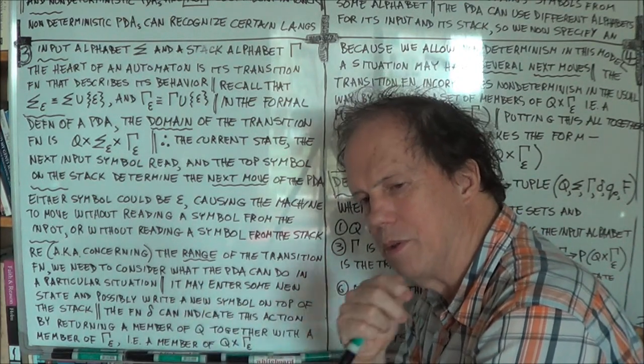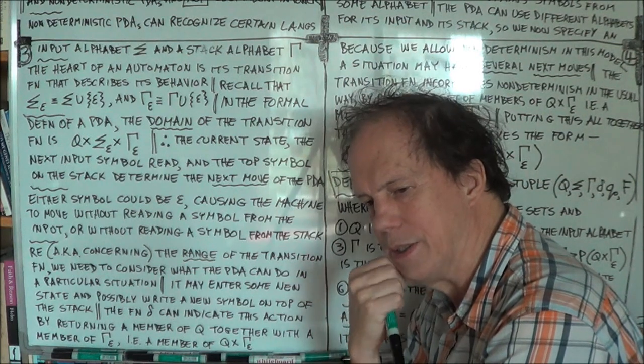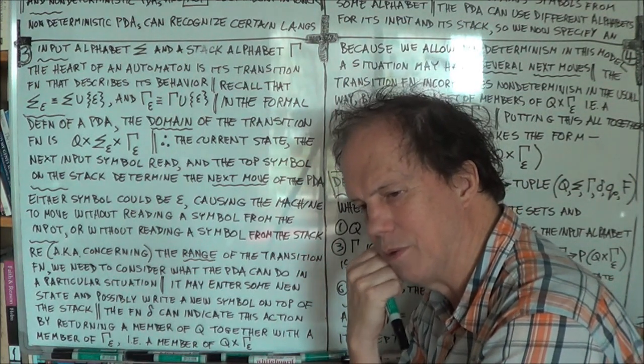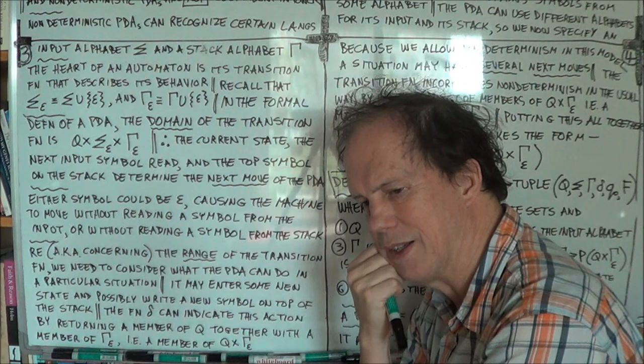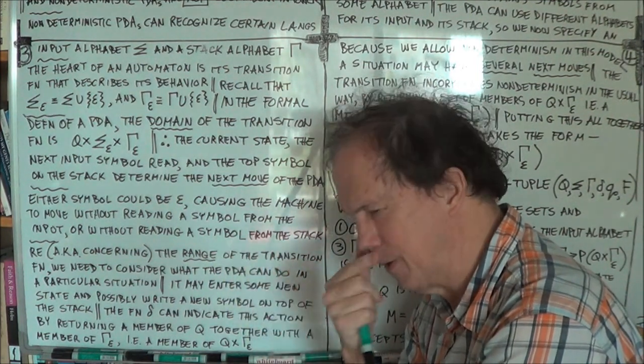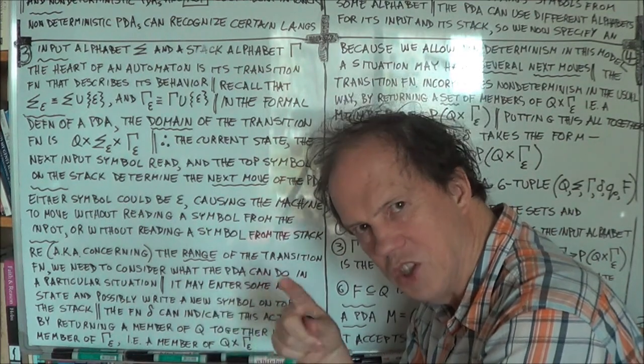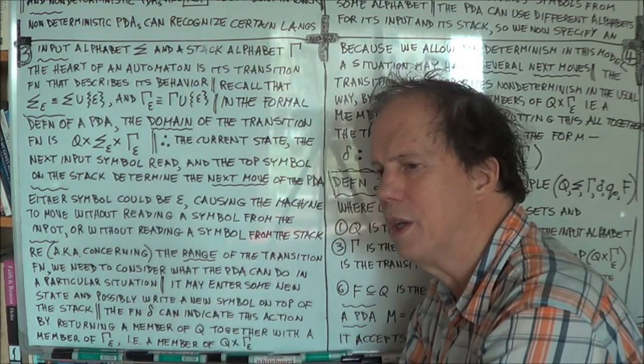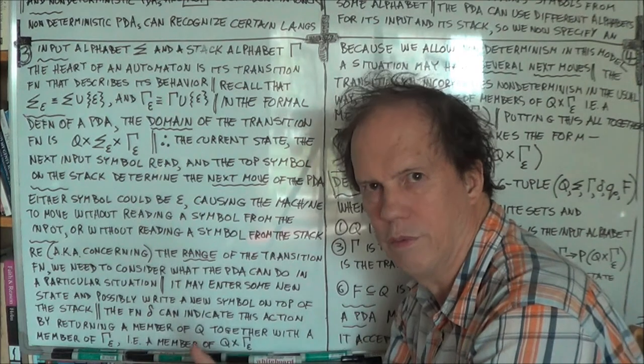So you're doing two things. Before, we just said the transition function gives you the next state, it was just one thing, and now we're getting two things. So let's get a generic term for those two things, and we'll just call it the next move.